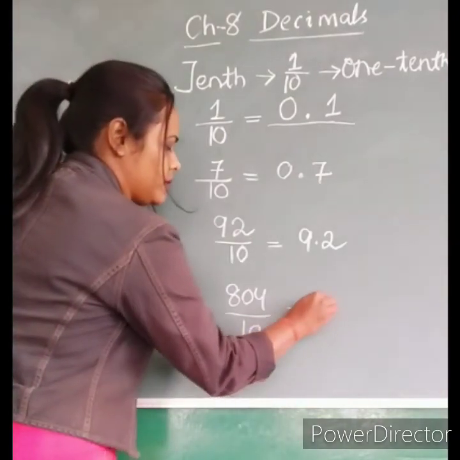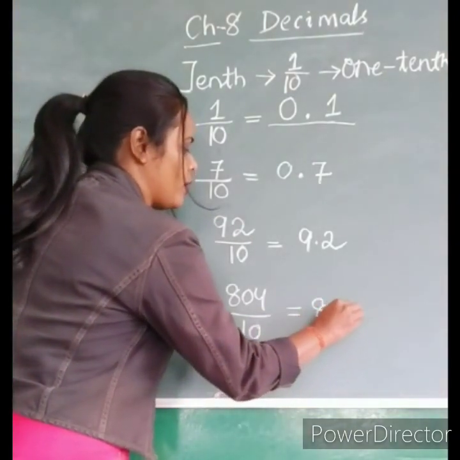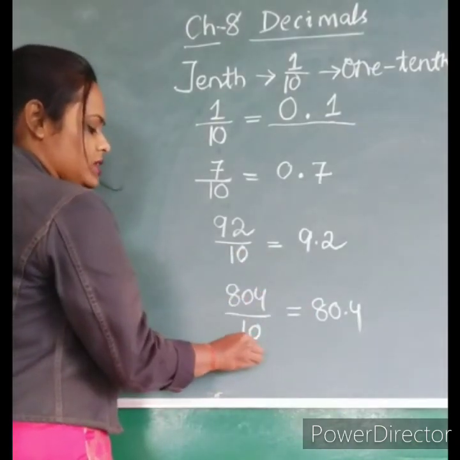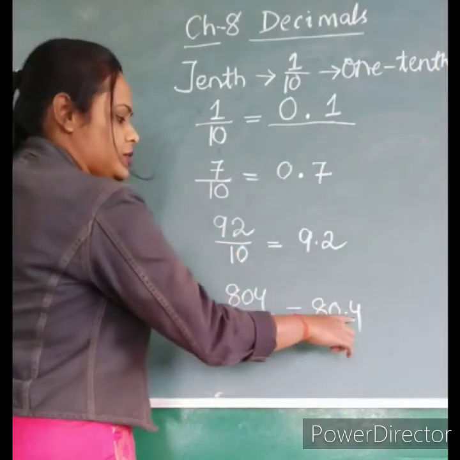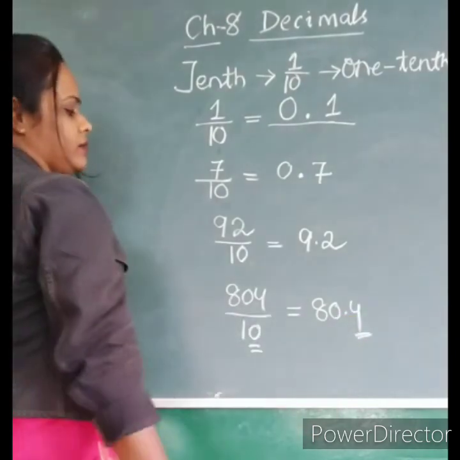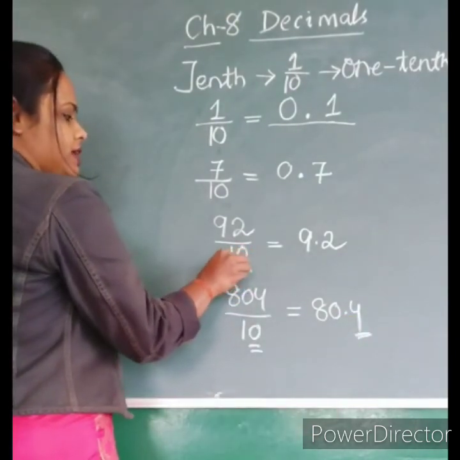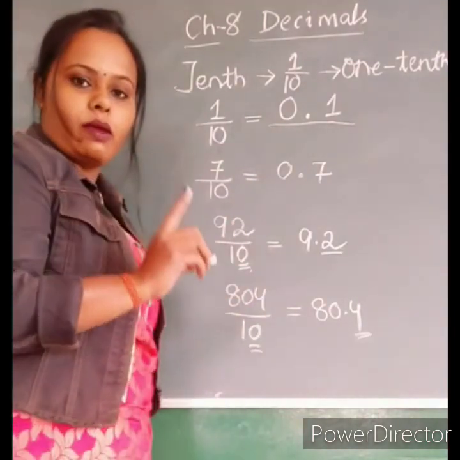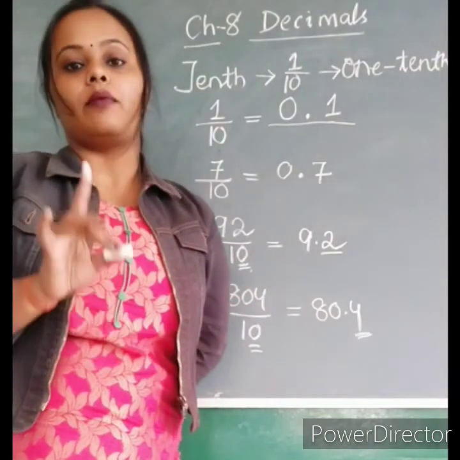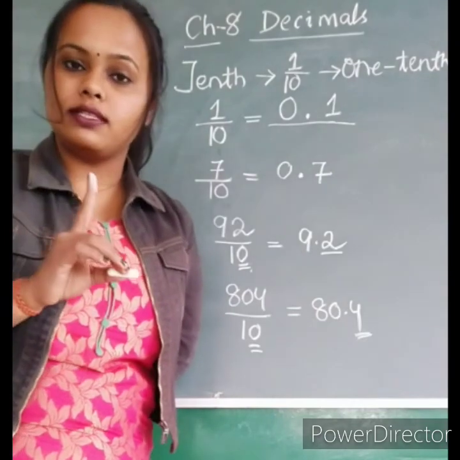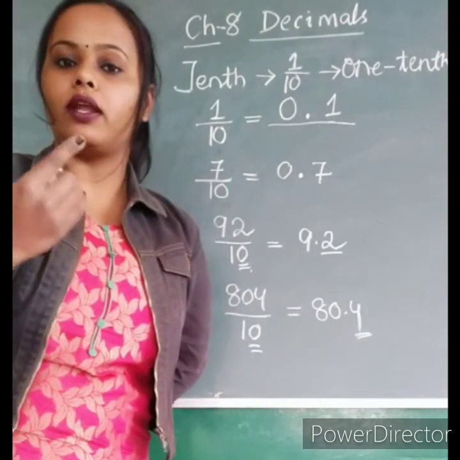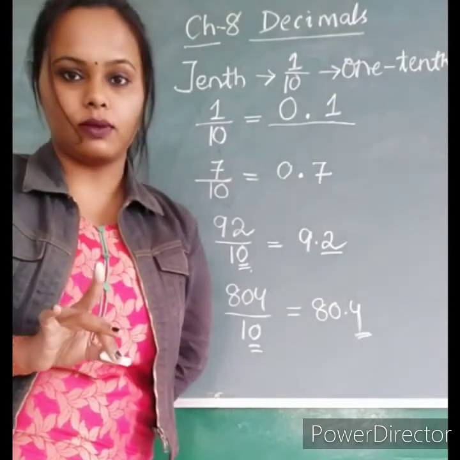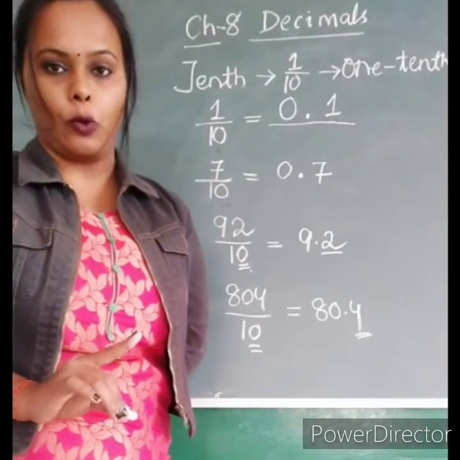So our answer will be 80.4. You have to remember that in tenths, that is 10, after the point there will be only one number. No 2, no 3 numbers, only one number after the point.